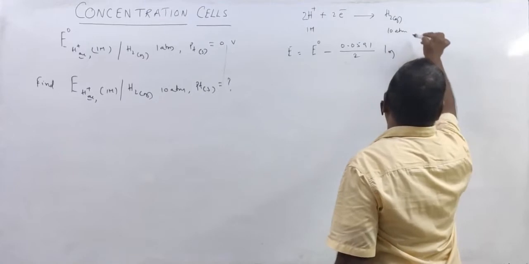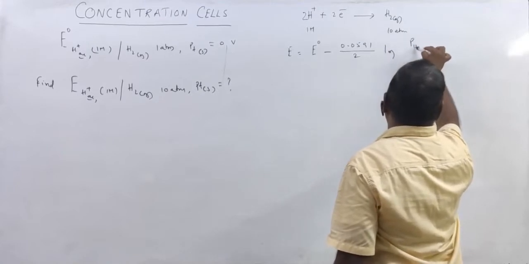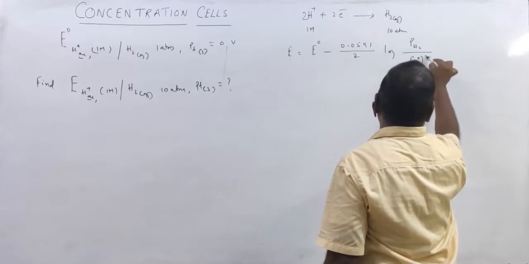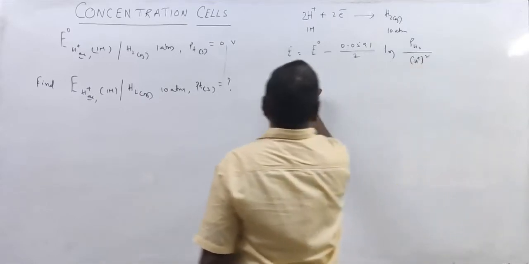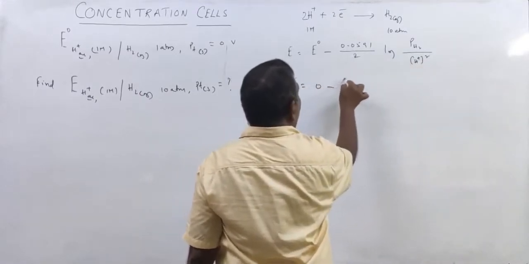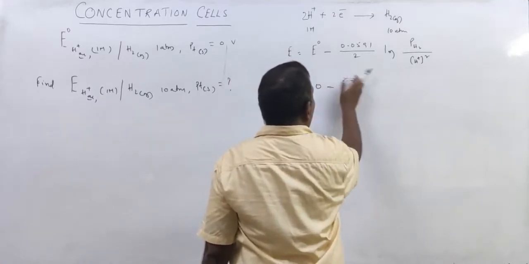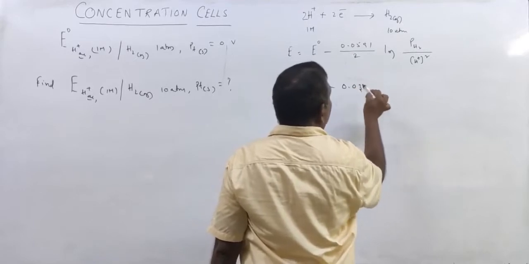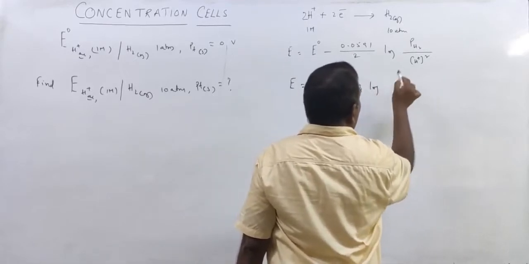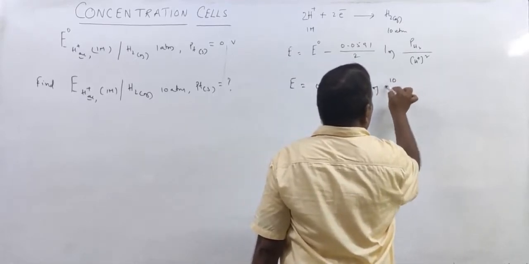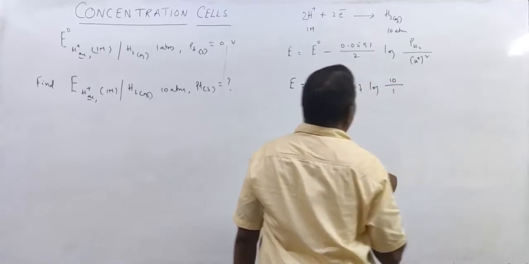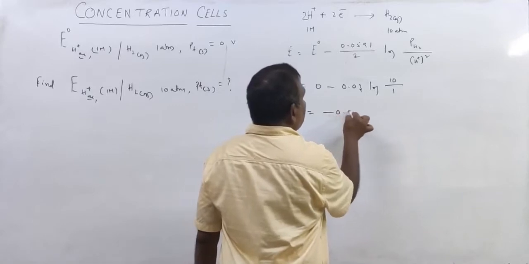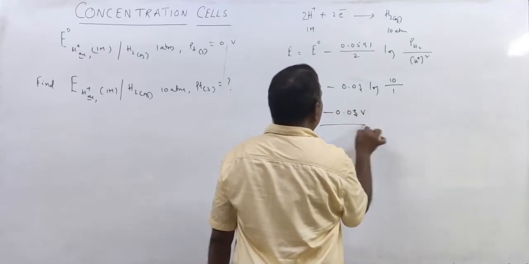Now here the active mass is not 1. Therefore, pressure of hydrogen gas by concentration of H+ ion squared. E is equal to 0 minus 0.0591, you can write it as 0.03 log. Pressure of hydrogen gas is 10. This is 1. Log 10 value 1. So therefore E is minus 0.03 volts.